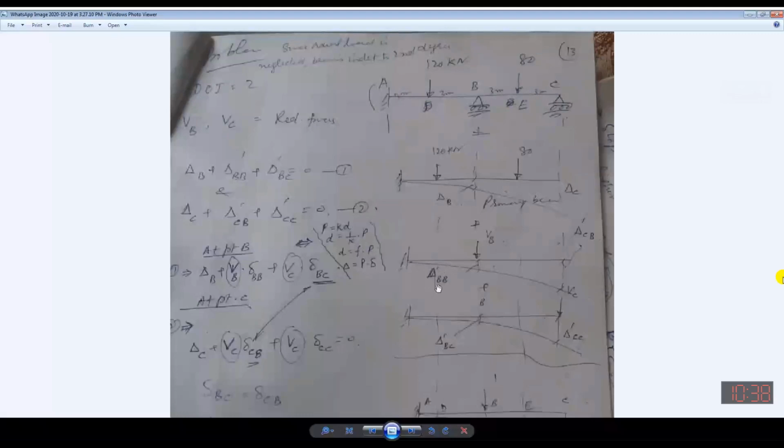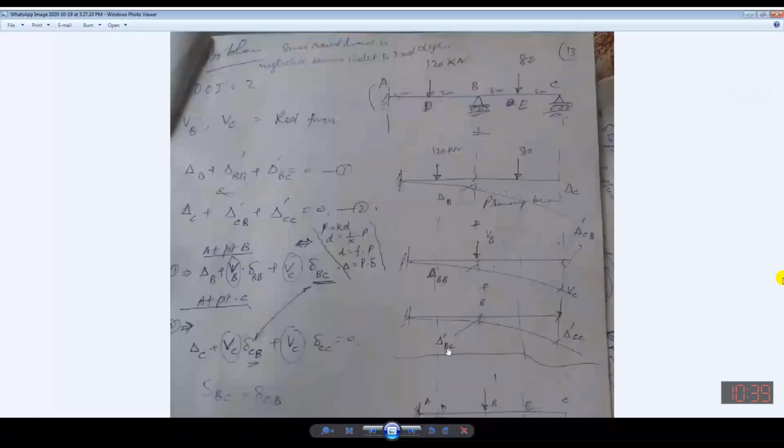Now, at the same point B, when you apply VC, then at the same point there will be deflection, whether it is small or large, irrespective of that, there will be deflection. And I have written it as delta dash BC. What does it mean?